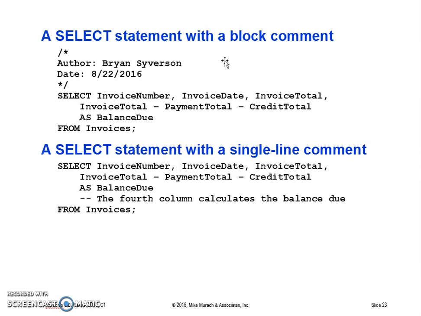But when you do comments, like who wrote the code and when you wrote it, you have the option of using a block comment, which is /* and then your comments, and then you end it with */. Or if you just want to use a one-line comment, you use the double dash, or two hyphens.